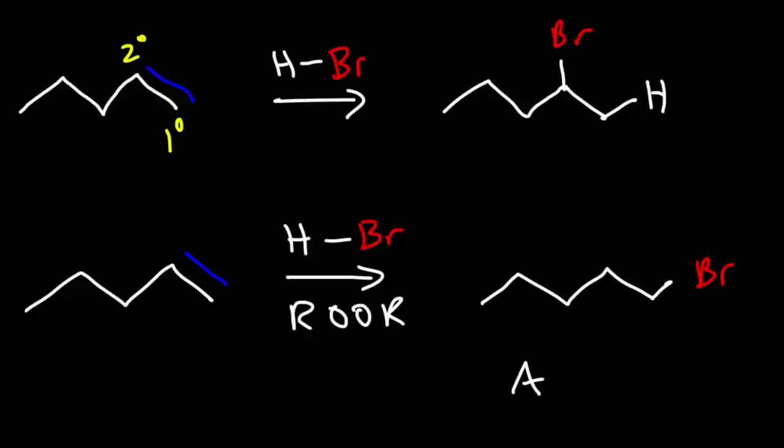So the second reaction proceeds with anti-Markovnikov regiochemistry. The idea of regioselectivity has to do with where the bromine atom goes, which region of the molecule it is going to react with. So this will be considered a regioselective reaction.